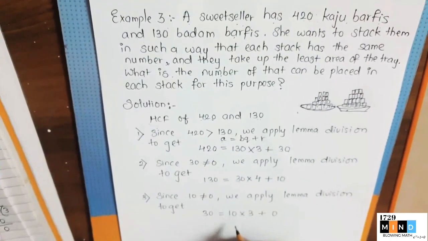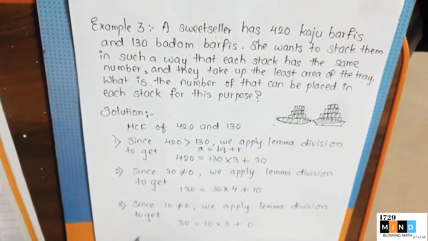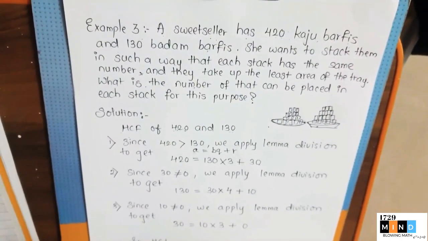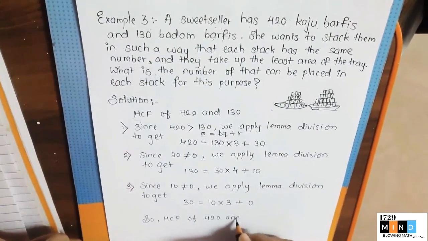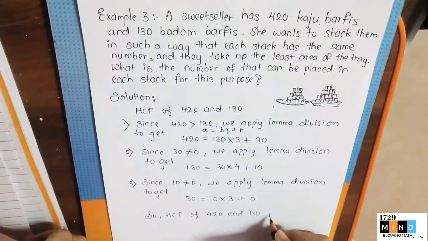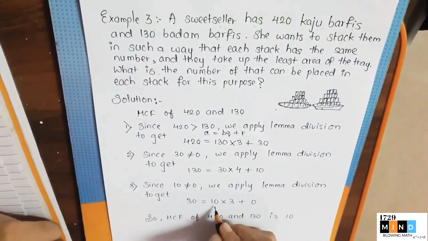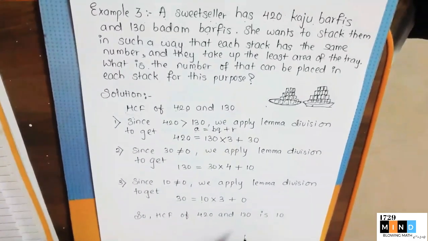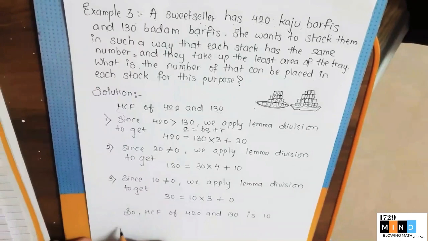So what is the HCF here? The HCF of 420 and 130 is 10, because 10 is the last divisor that we have used. So therefore the seller can make stacks of 10 for both kinds of burfis.